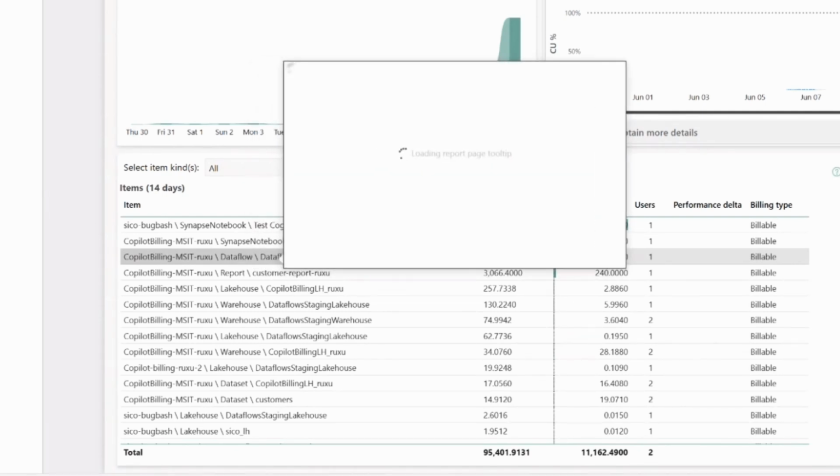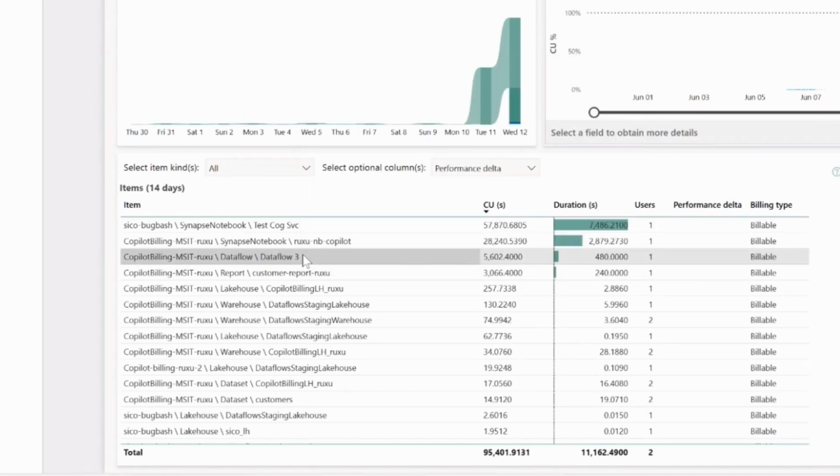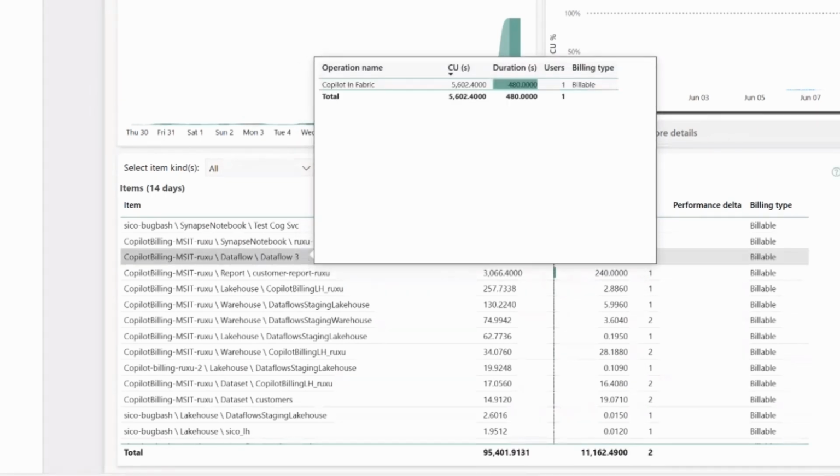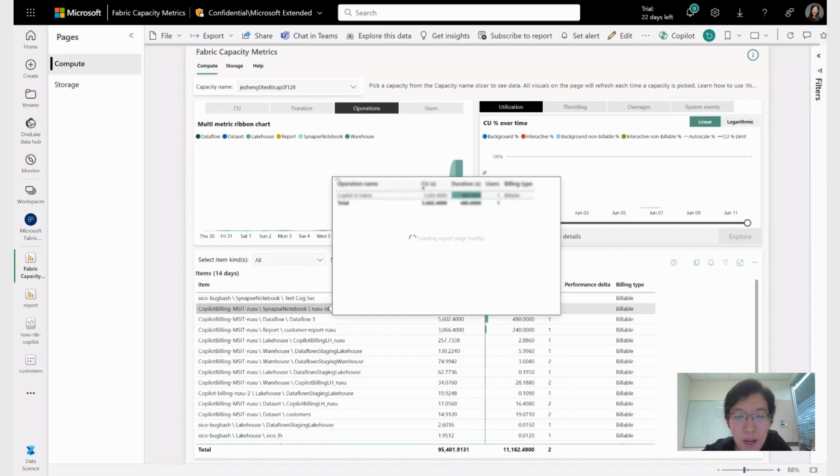This is the dataflow name. If I hover over it, I will see my operation, Copilot in Fabric, and the CU seconds. As well as in the notebook, I have seen my Copilot in Fabric, the CU I have spent on the notebook Copilot under my notebook name.